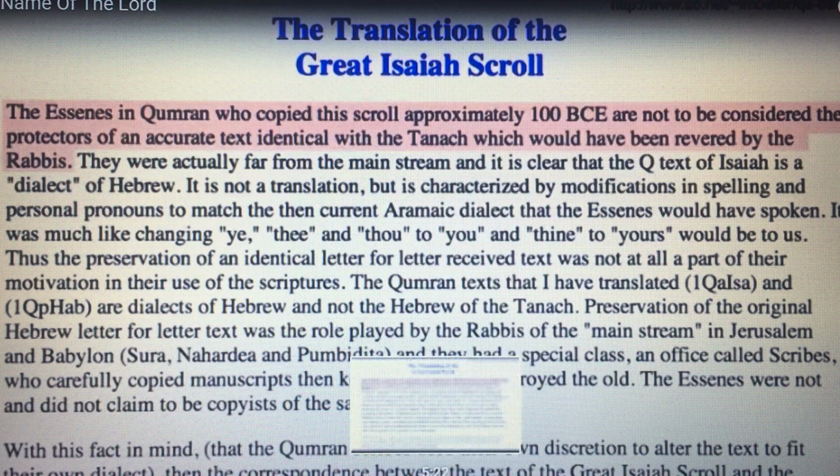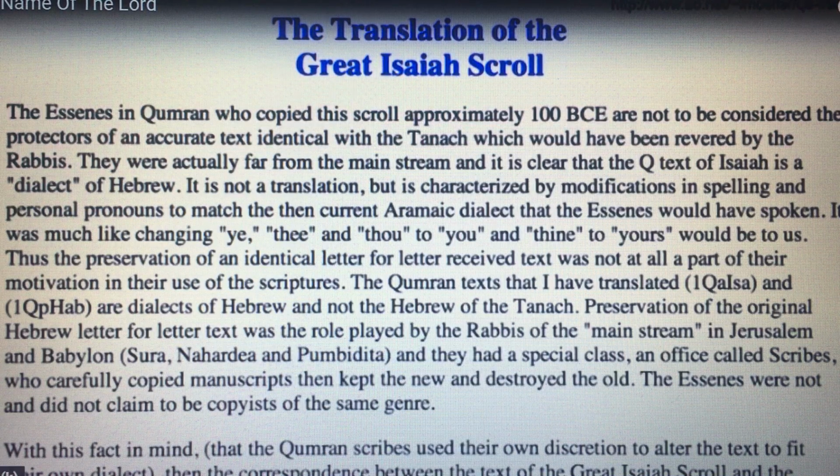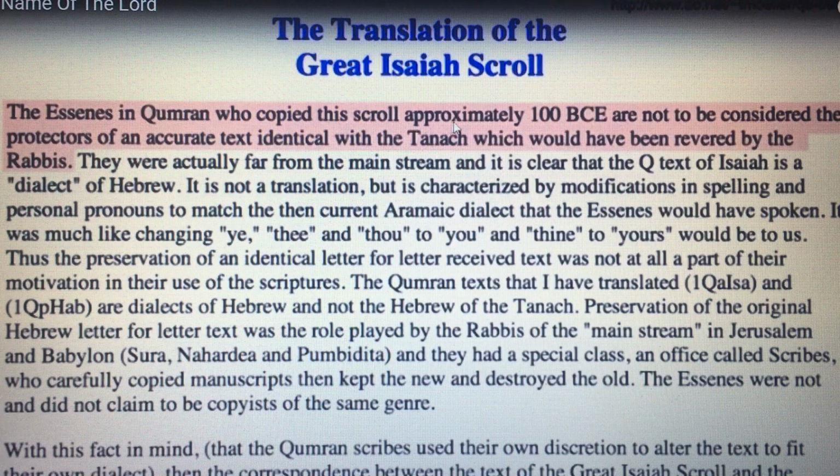Let's let him say it again. The address is in the top right-hand corner. It says, the Essenes in Qumran, who copied this scroll approximately 100 BCE, are not to be considered the protectors of an accurate text identical with the Tanakh, which would have been revered by the rabbis.